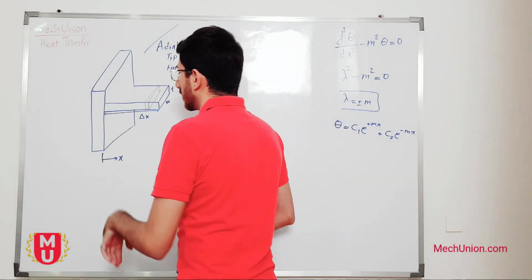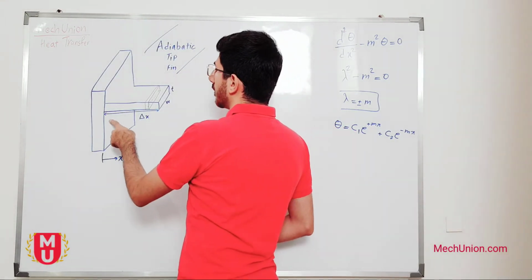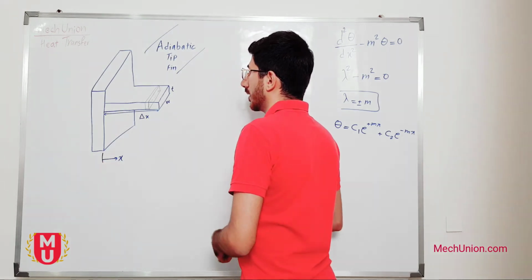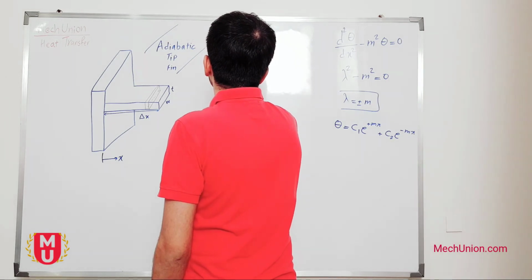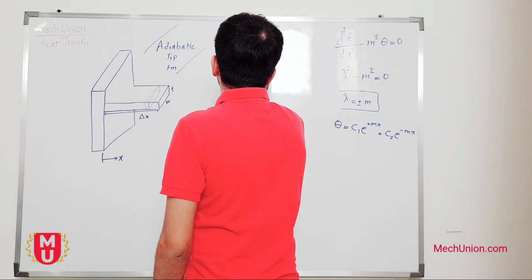The first boundary condition is the temperature at the fin's base: T of fin at x equals 0 is T naught.